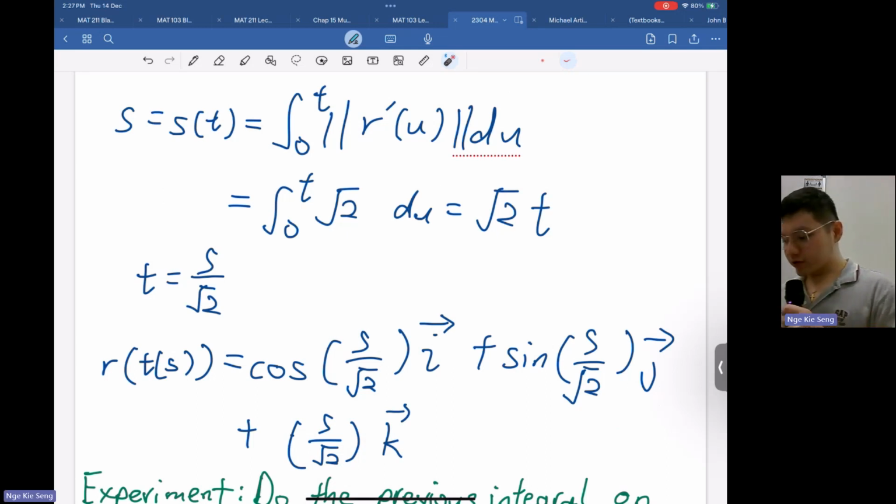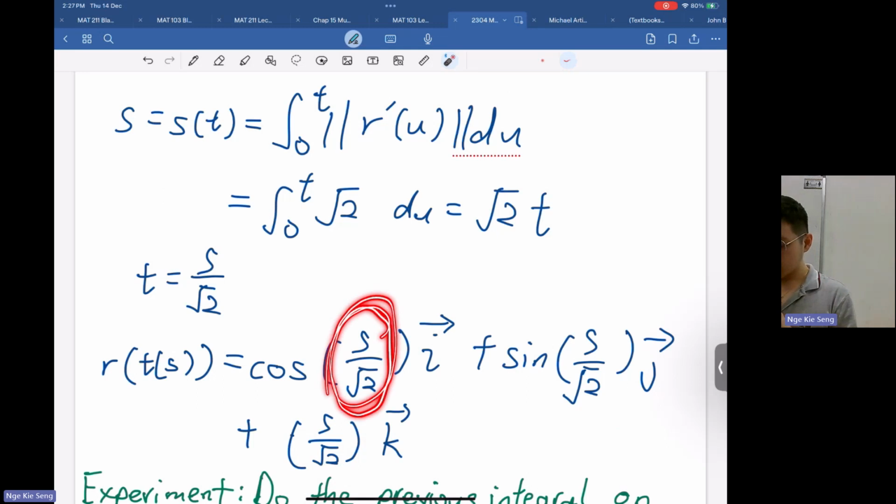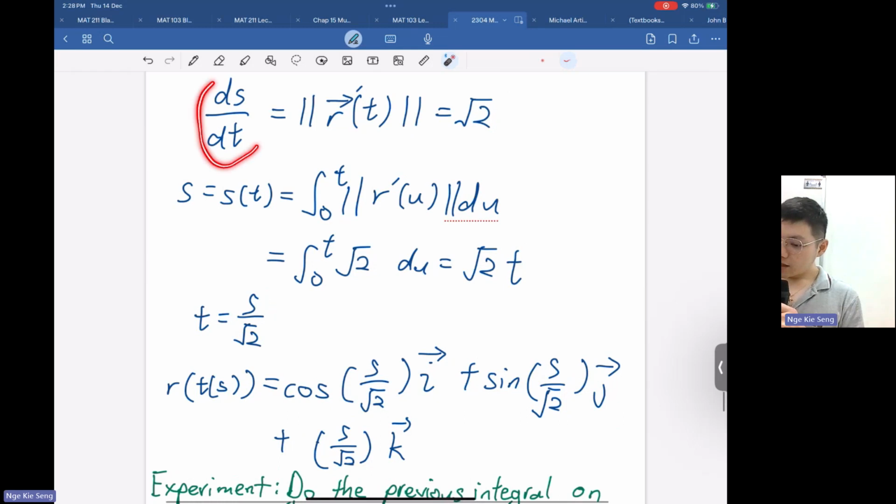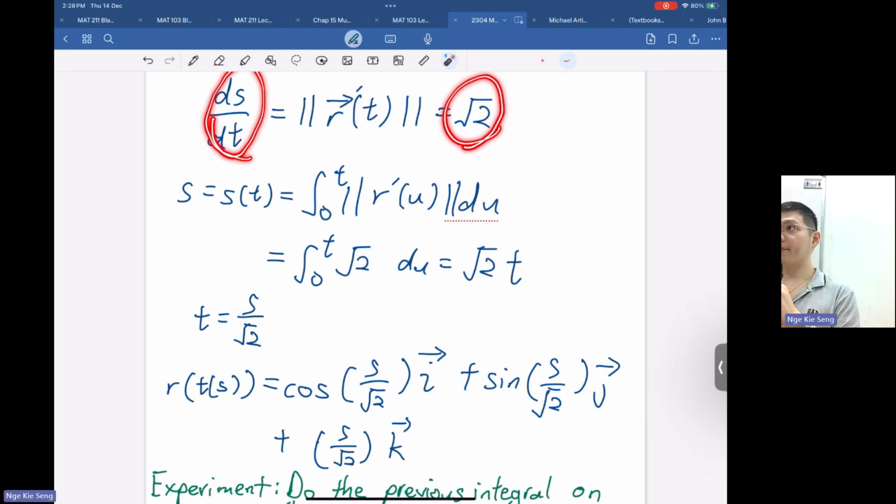After you do this change of variable, you can check that the change of your new arc length function should be equal to 1. Does it make sense?